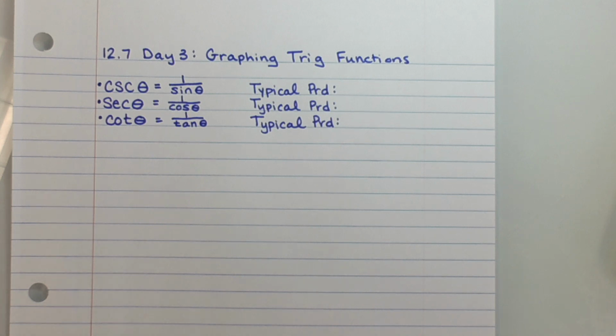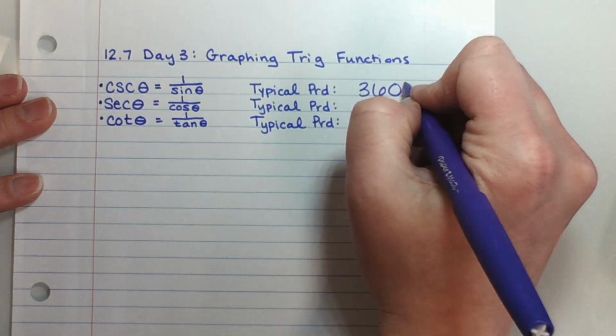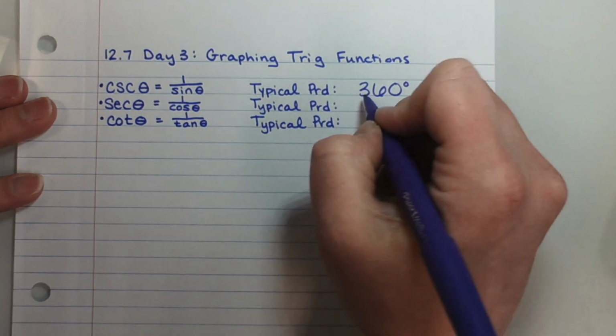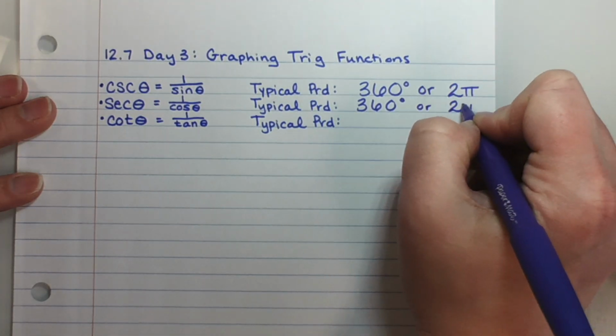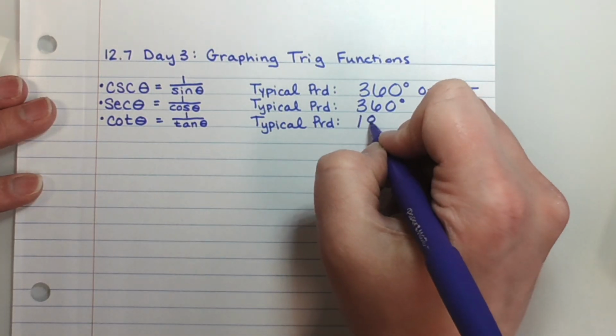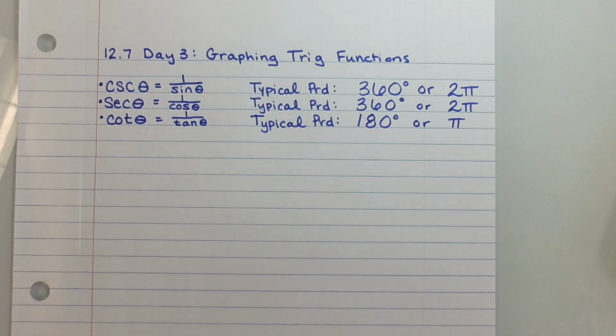What is sine's typical period? 360 or 2 pi. What about cosine? Same. What about tangent? 180 or pi, depending on if we're graphing in degrees or radians.